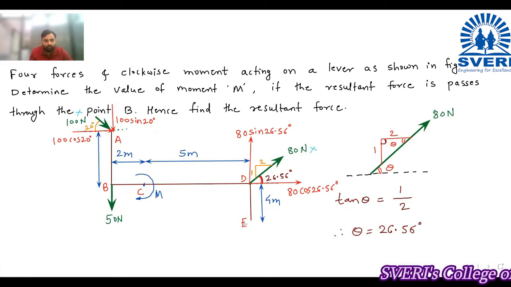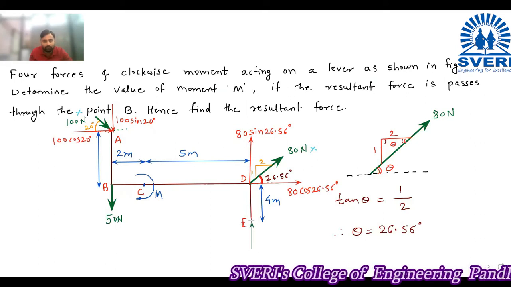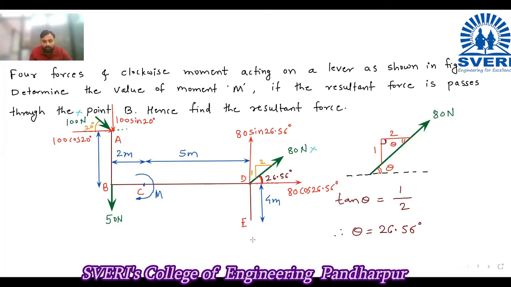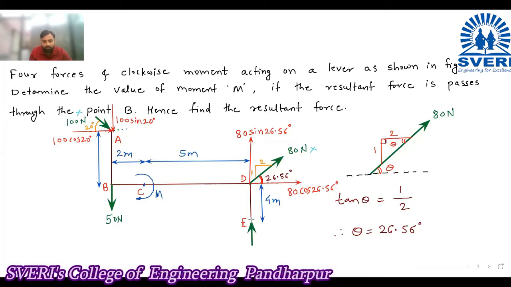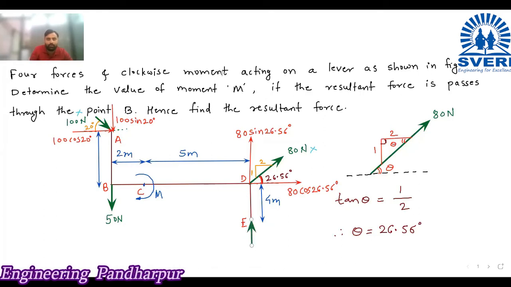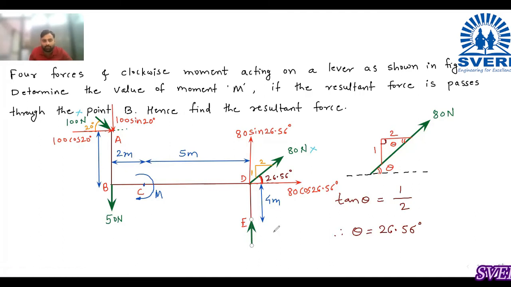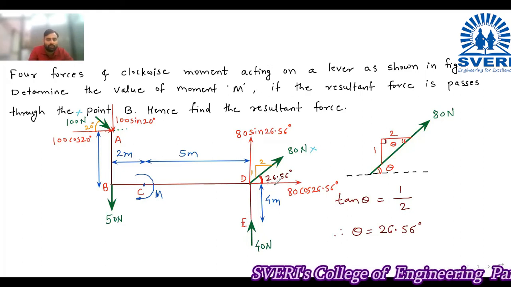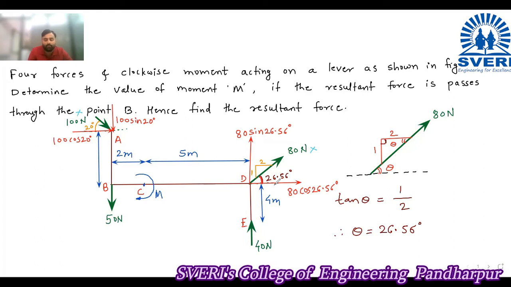Here is one more force of 40 Newton. It is given, I forgot to tell you. So this is also a vertically upward force, so we are going to consider this 40 Newton force over here.